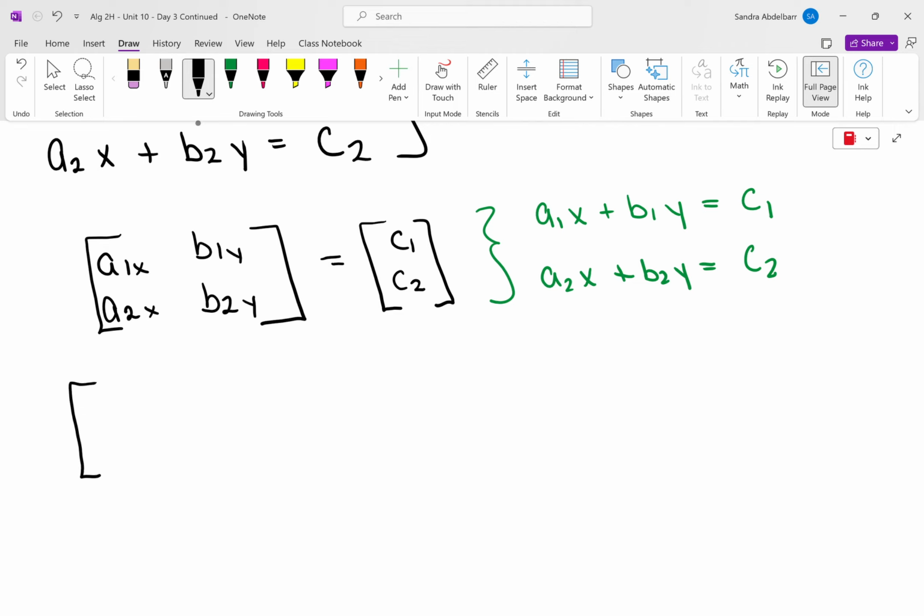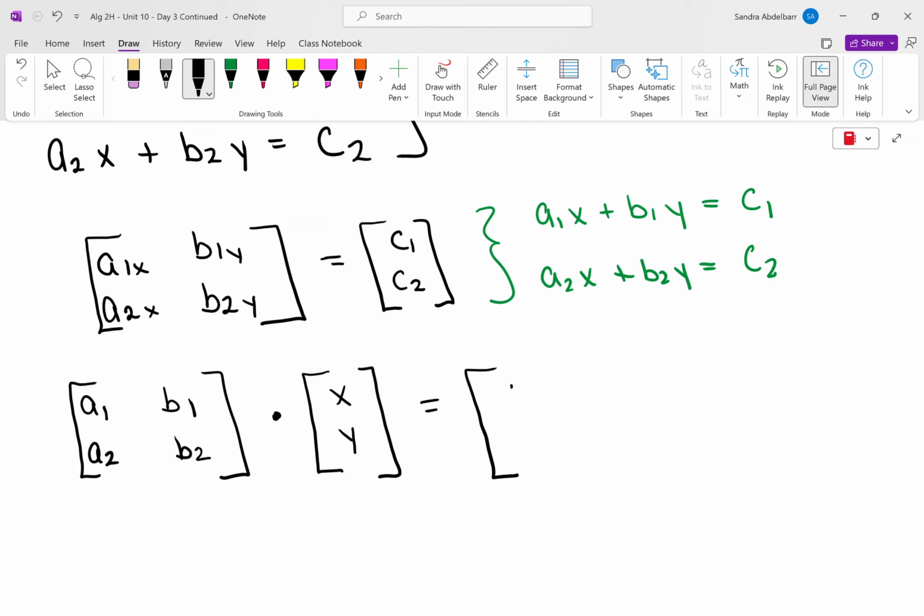All right, so what I'm going to do is first make just a coefficient matrix. If I just made a coefficient matrix, it would be A1, B1, A2, B2. Do we agree that would be my coefficient matrix? And then I'm going to multiply that with my variable matrix, which is just X, Y. And that's going to equal my solution matrix, which is C1, C2.